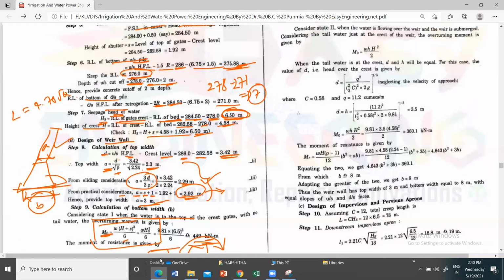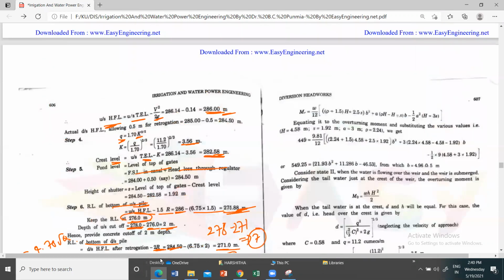This overturning moment is resisted by the resisting moment. The resisting moment formula is a long formula. It depends upon so many factors: the density of materials, the head available on the downstream side, the top width and bottom width.